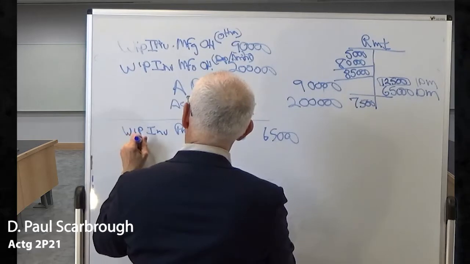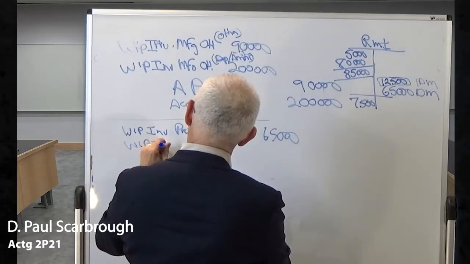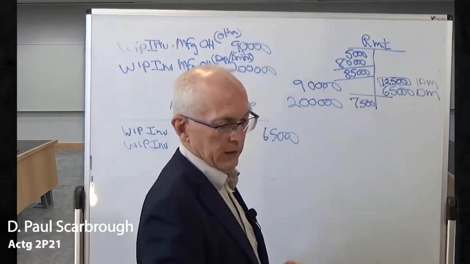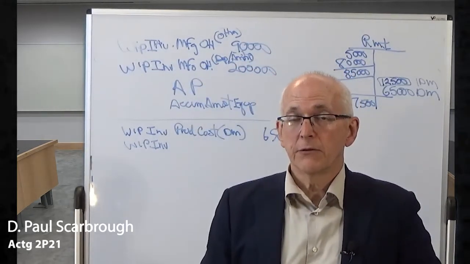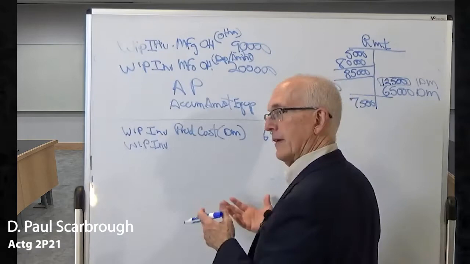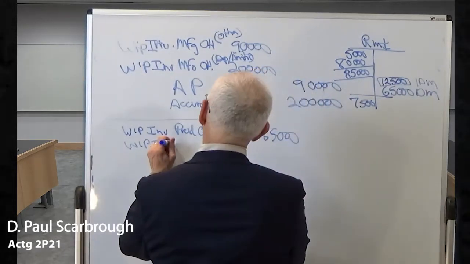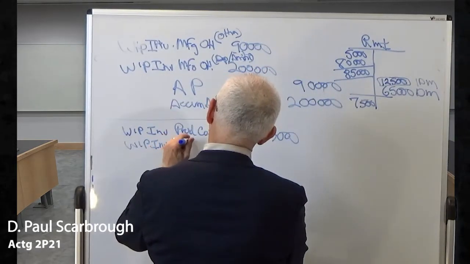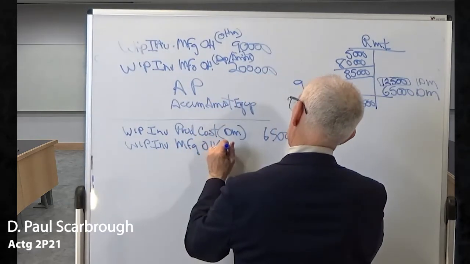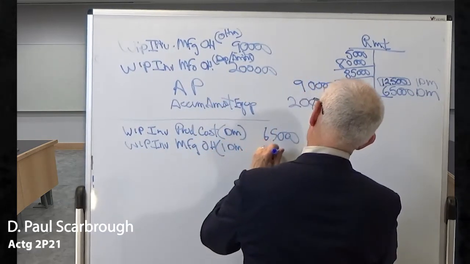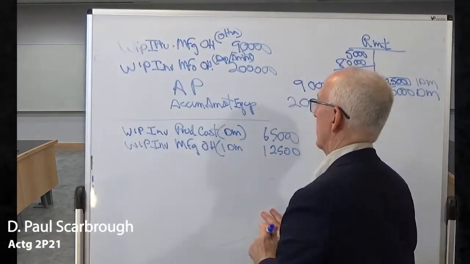Then WIP inventory, manufacturing overhead. Remember, indirect materials is part of manufacturing overhead. I forgot that for a minute. This is going to be manufacturing overhead because it's indirect materials. 12,500.